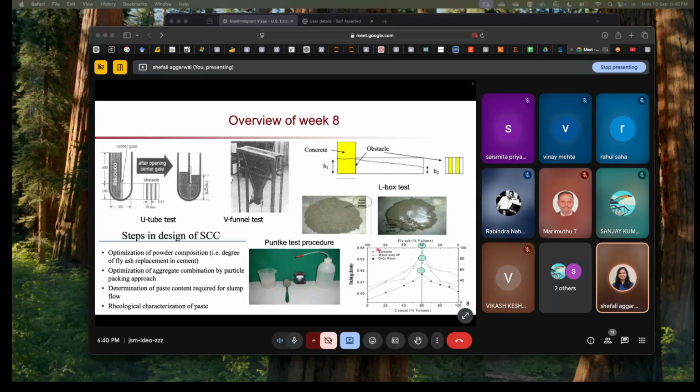Kerosene is like our reference system, and these two are the different systems of water and SP. At the optimum, this will be your optimum dosage. So if you want a good SCC, in this case we will use 60% cement and 40% fly ash to get an optimum mix.